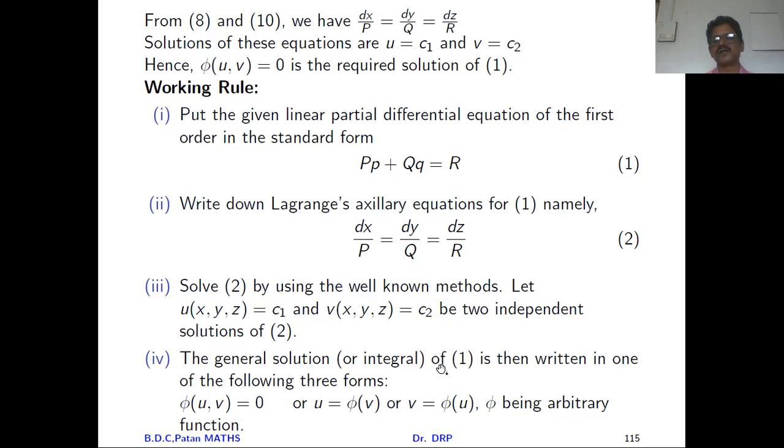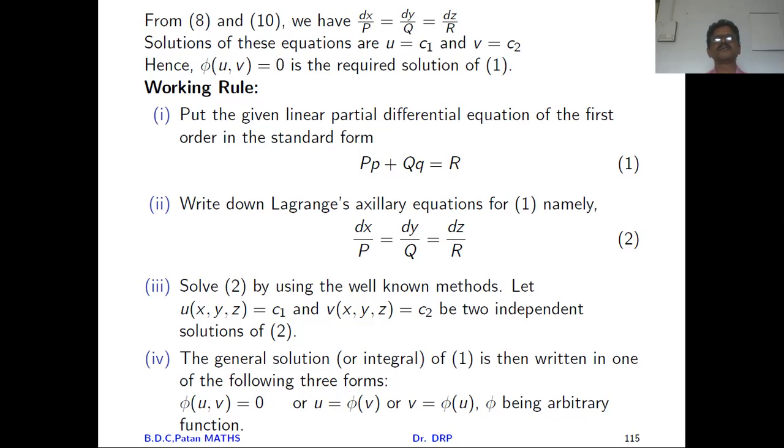The general solution or integral of equation 1 is then written in one of the following three forms: phi of u equal to 0, or u equal to phi of v, or v equal to phi of u, where phi is an arbitrary function.